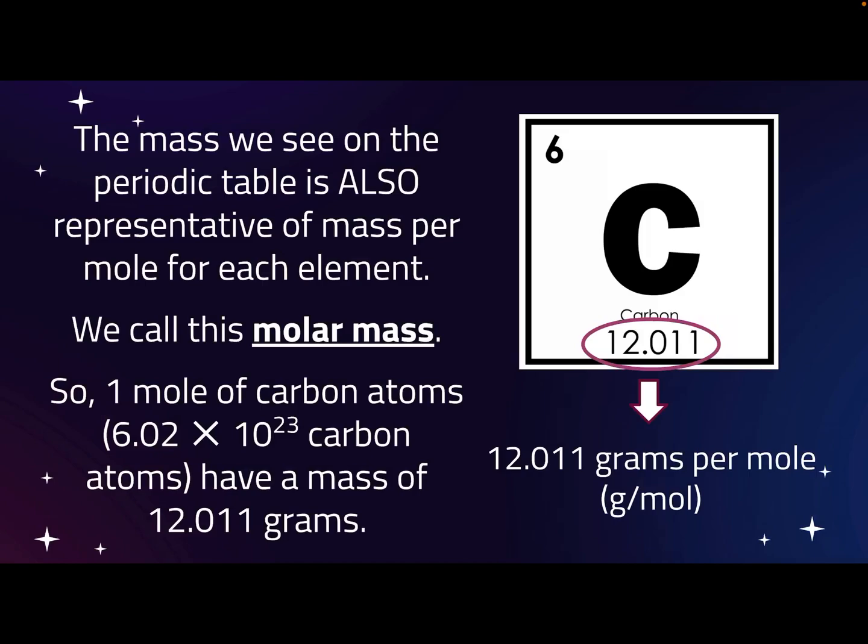The units here are grams per mole, mass per mole. We measure mass in grams. So this is why it is important for me to bring this up, because if we're talking about molar mass, we're talking about moles, and 1 mole of any substance has the same number of particles.